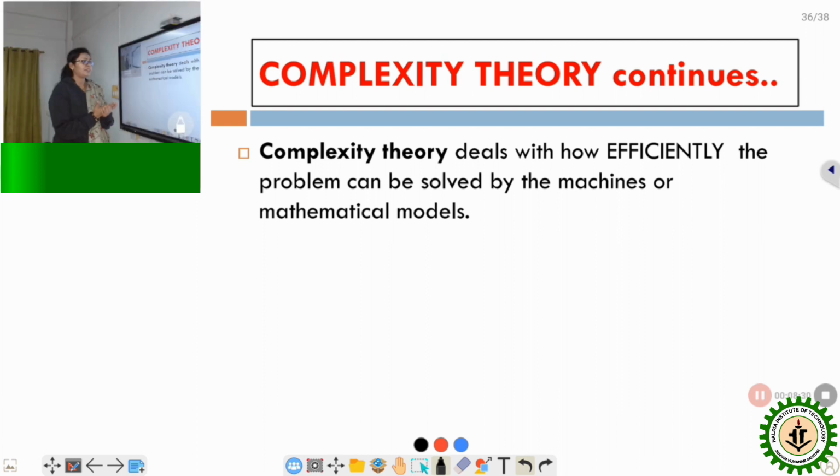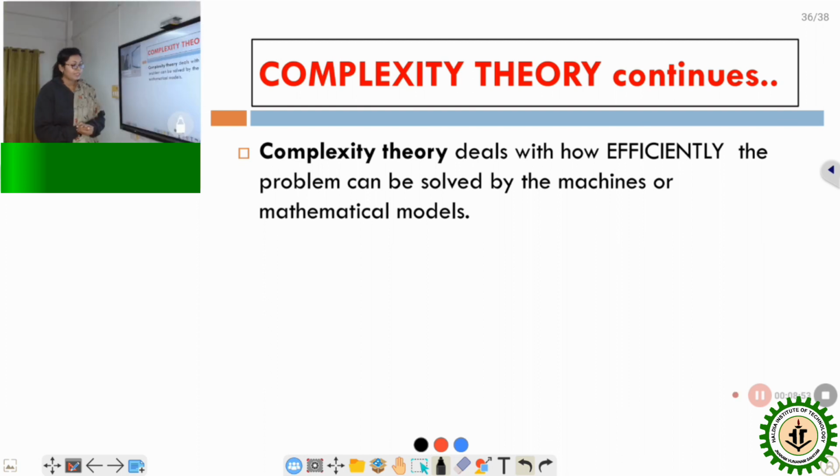How efficient is my machine? Is it efficient enough to produce the desired output each and every time, or does it have some drawbacks? So your efficiency will be dealt with by the complexity theory.